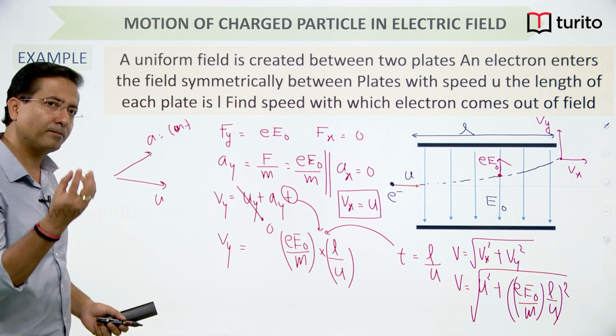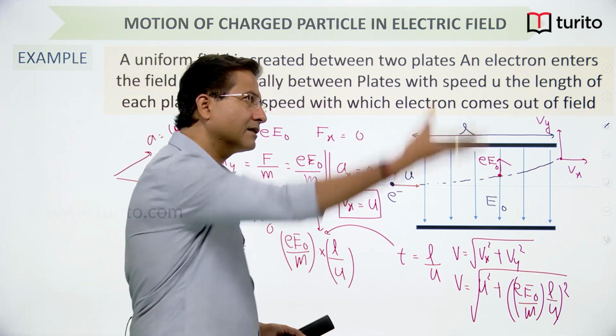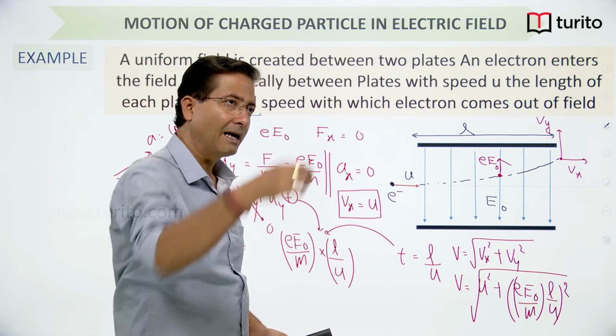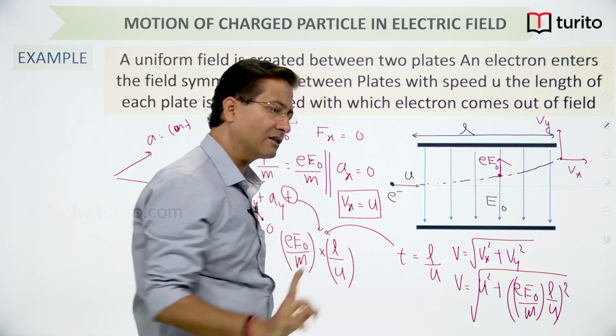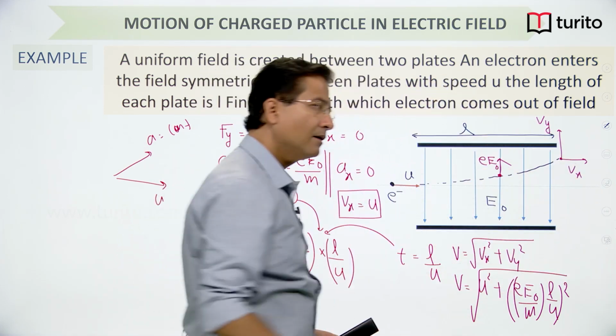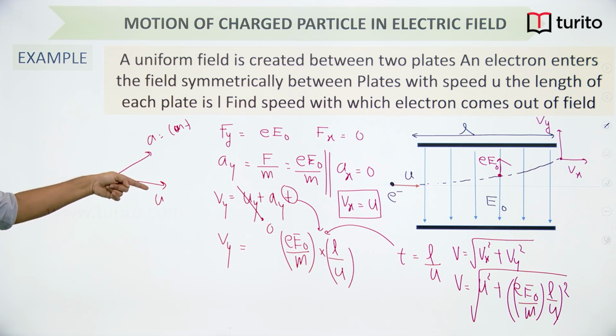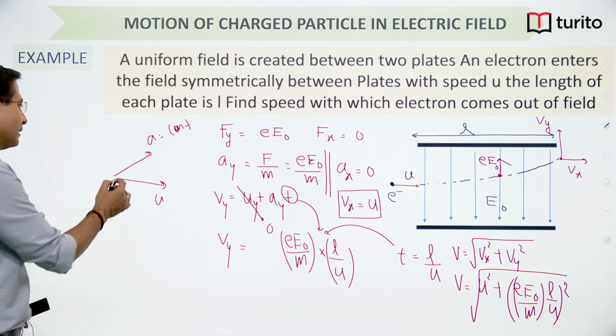For example, I take particle of mass m and I throw like this with small velocity 1 meter per second or 2 meter per second. As g is always acting in downward direction, the path followed by particle is parabolic. So, as acceleration is constant and particle is not projected along acceleration, the path followed by particle will be parabolic.